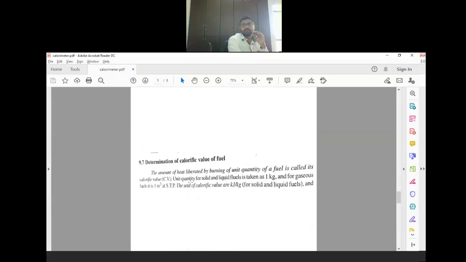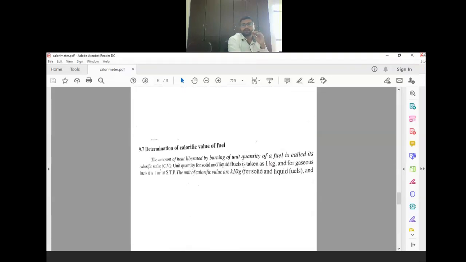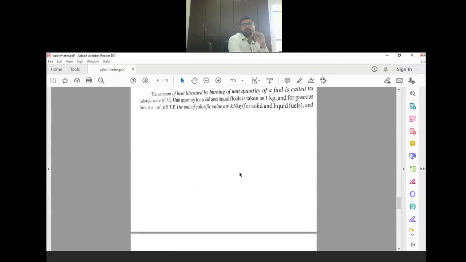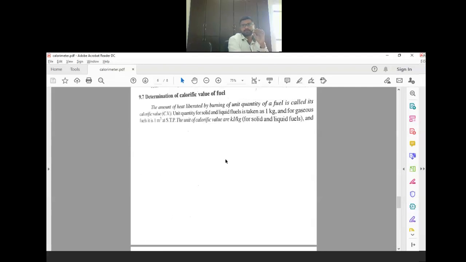Clear? Now we will discuss the difference between higher calorific value and lower calorific value. Suppose you have a flue gas, and if you absorb all the heat of all the products from the flue gas, suppose carbon dioxide, carbon monoxide, methane, if you receive heat from all the products, then it is known as higher calorific value.